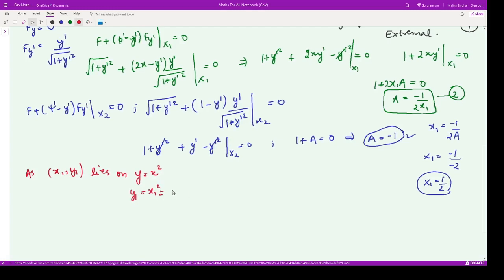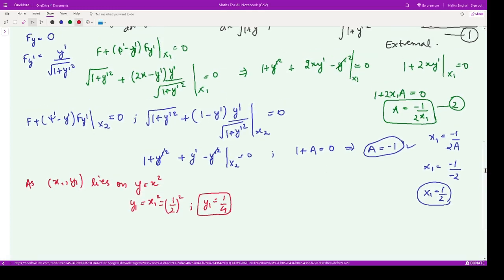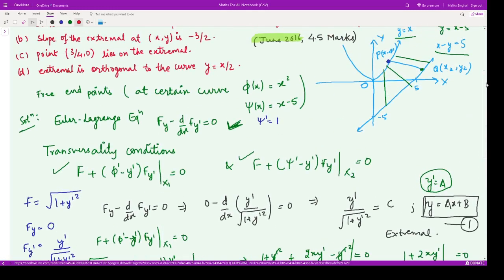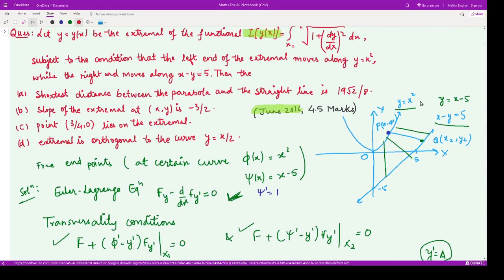So what is x1? It is 1 by 2, whole square. So clearly y1 is equal to 1 by 4. So our first point is 1 by 2 and 1 by 4. Let us mark it here. So this point, what is it? It is 1 by 2 comma 1 by 4. Right?